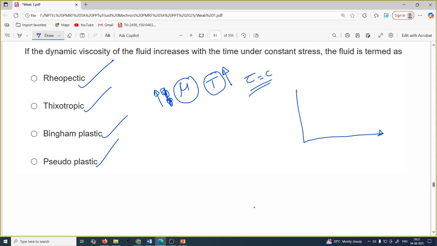Shear stress is constant. Let us suppose this axis is time and this is mu.